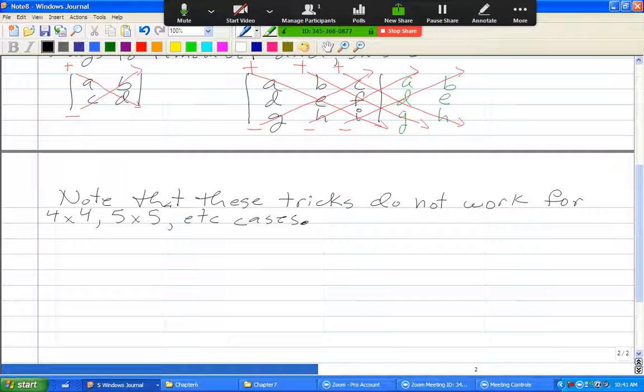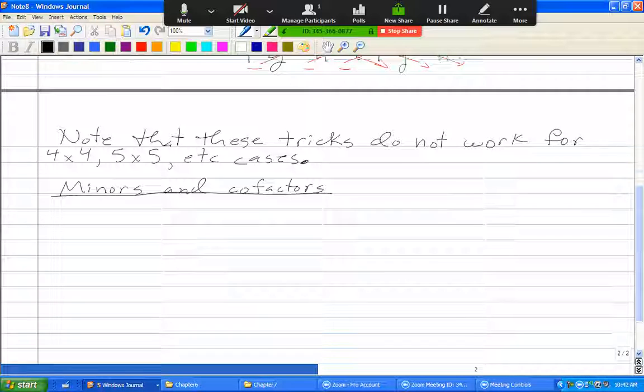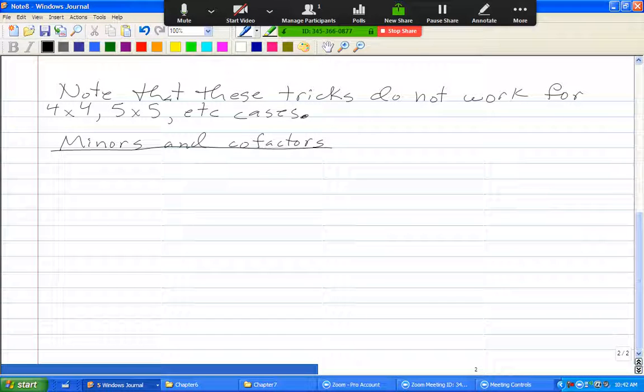So the minor and the cofactor. The way that we deal with the higher order cases is we look at minors and cofactors.